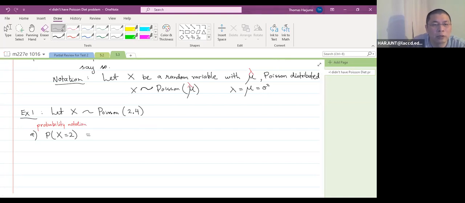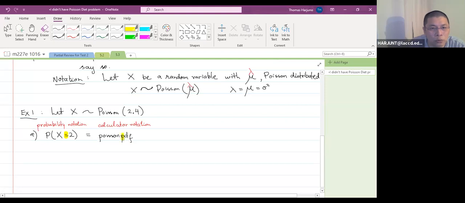The calculator notation will be Poisson PDF. We use PDF because this is equal to. If we want only one number of incidents, we use Poisson PDF, just like binomial.